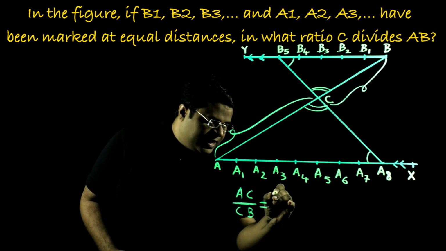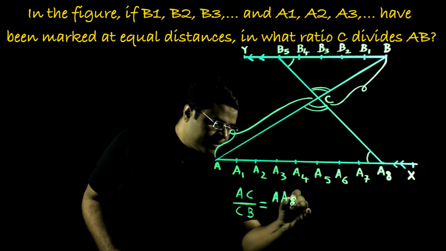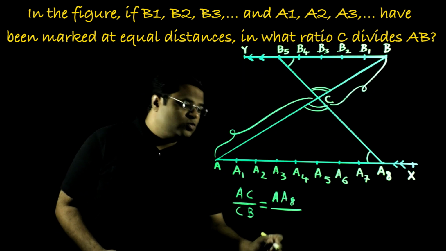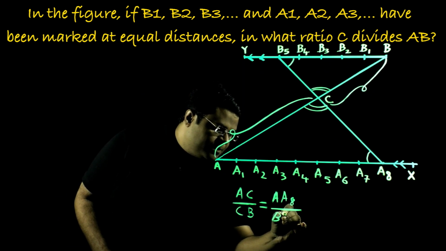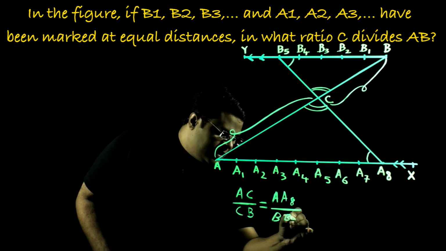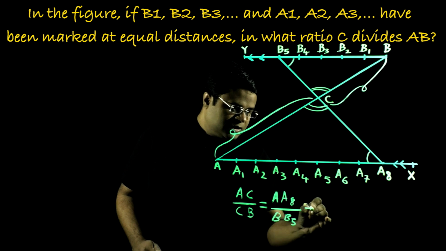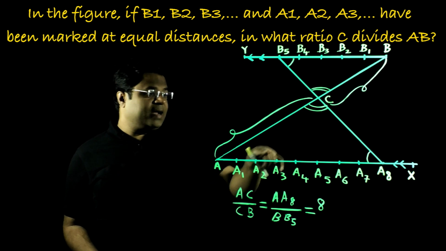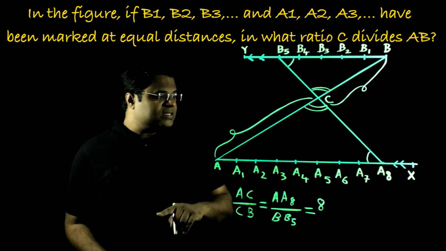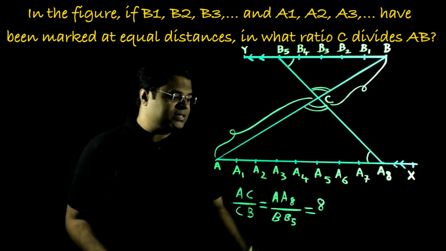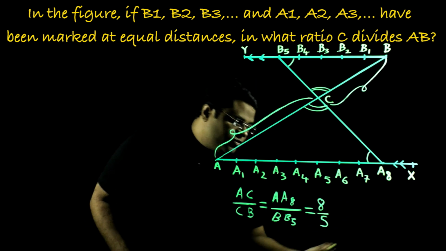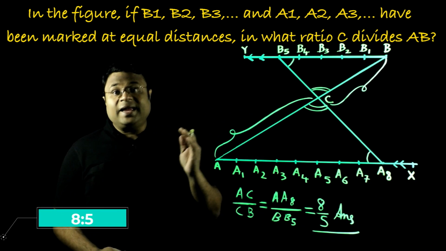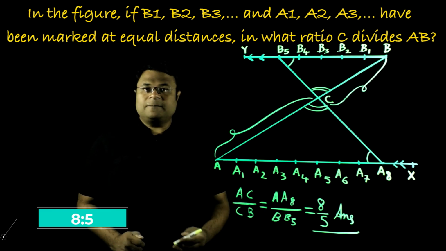AC corresponds to the base of 8 units, and CB will correspond to the base of 5 units. So what's your answer? Your answer is 8 by 5. Okay.